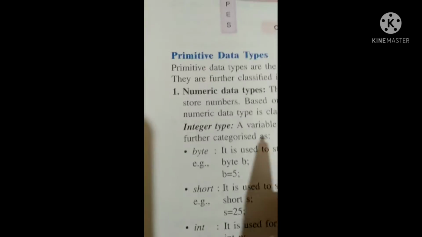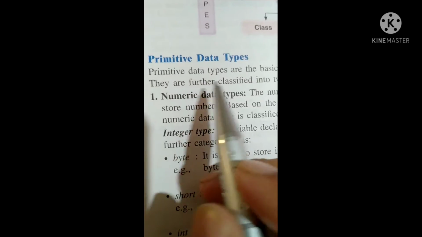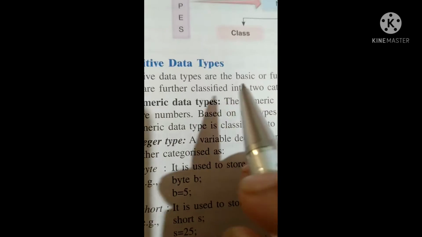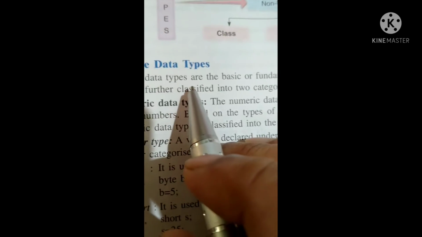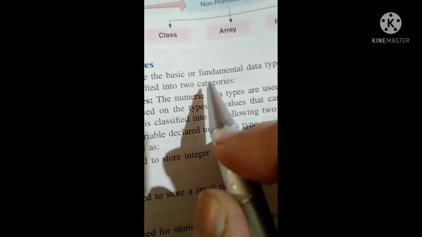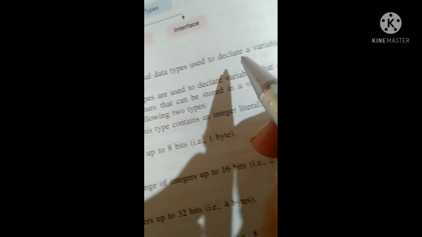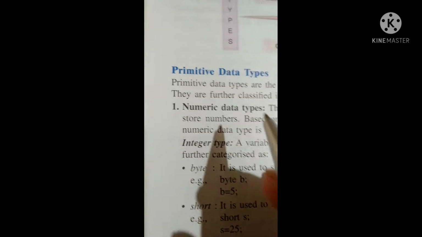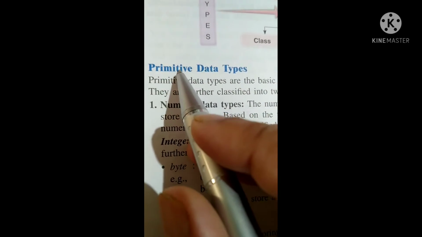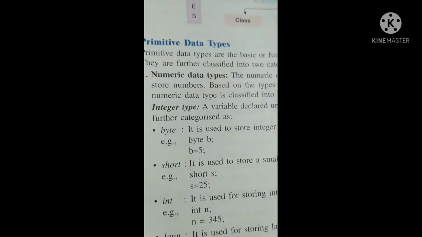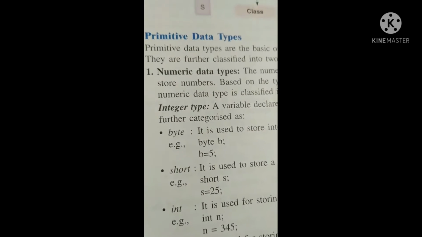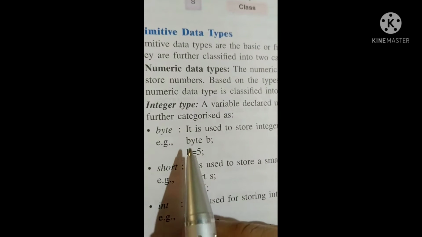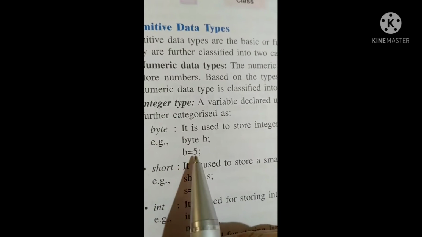Now we are understanding primitive data types. What our book is telling: primitive data types are the basic or fundamental data types used to declare a variable. Mostly we use primitive data types to declare a variable. For example, we have data type byte b and b equal to 5.